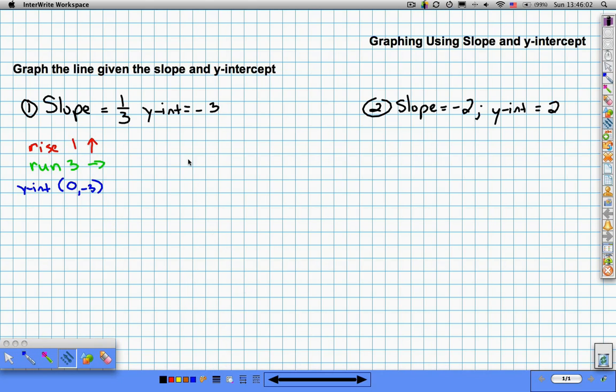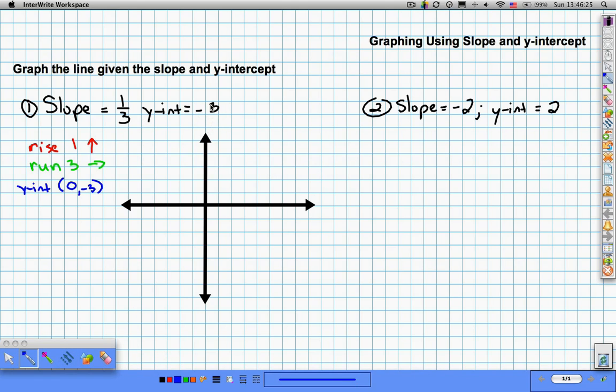So now I'm going to put our coordinate plane here. I'm drawing it a little bit narrow, so let me fix that first. Okay, they give us the y-intercept for a reason.